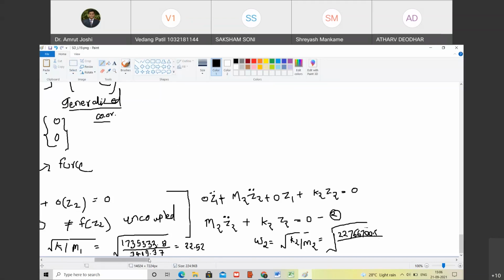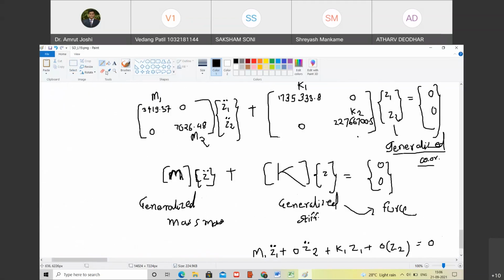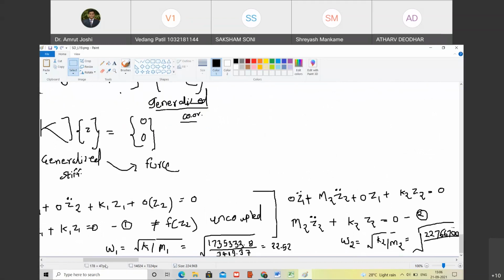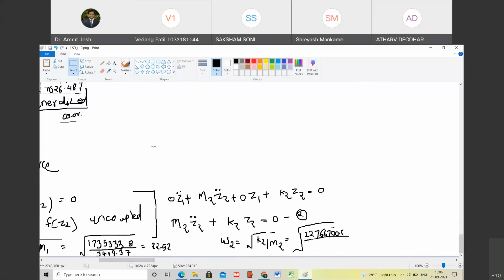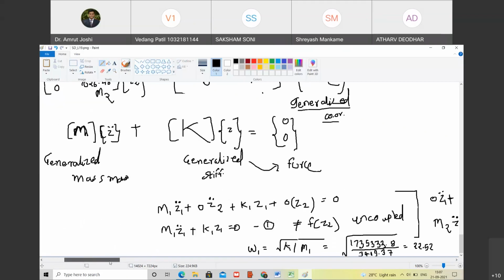What is the value of M2? 7026.48. Tell me. 56.92 radian per second. You took the square root, right?